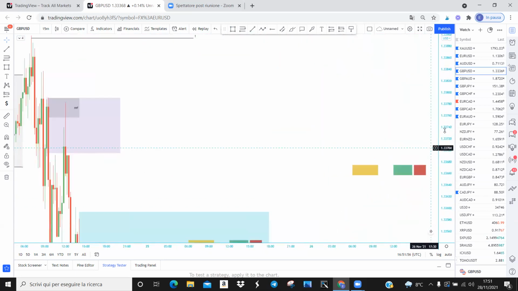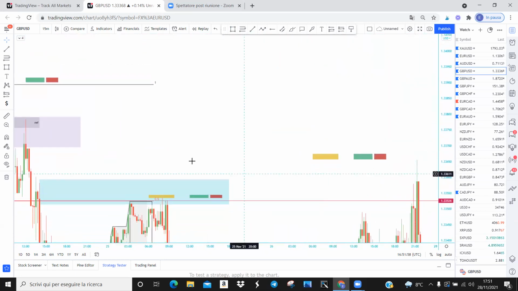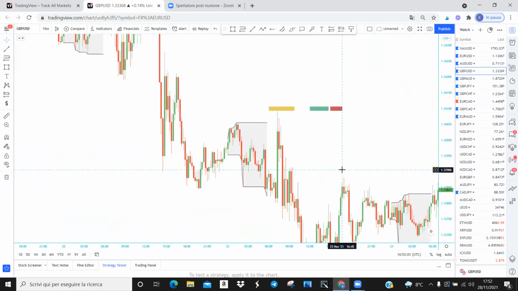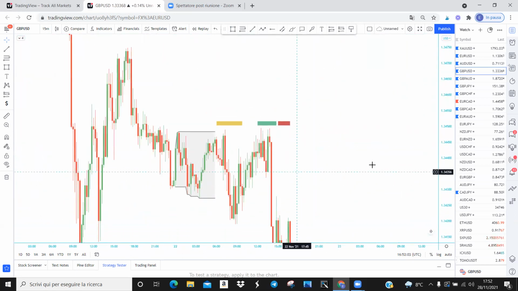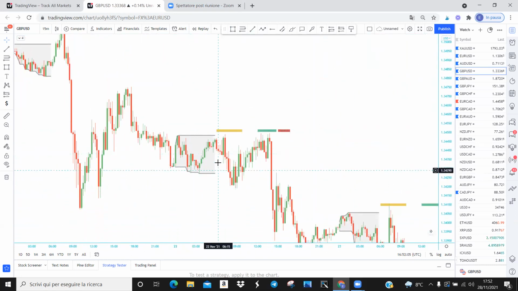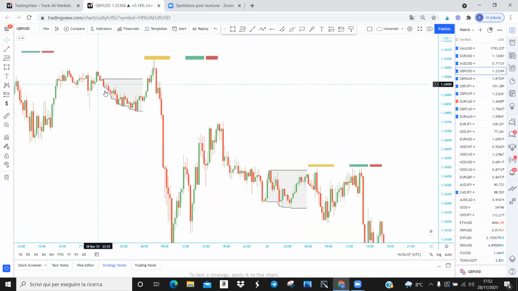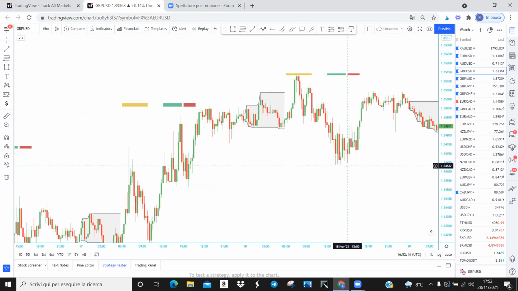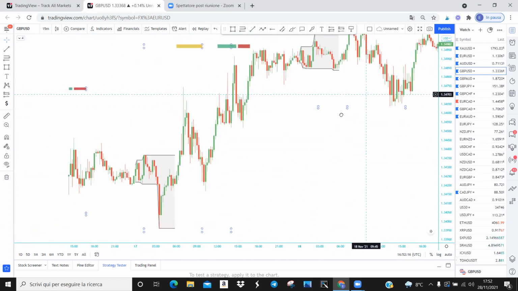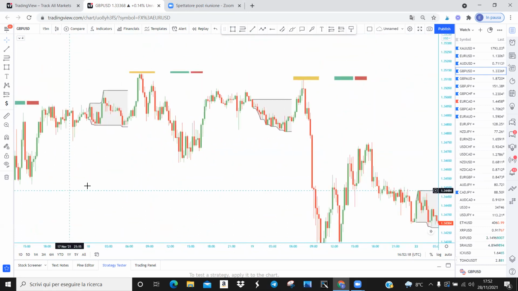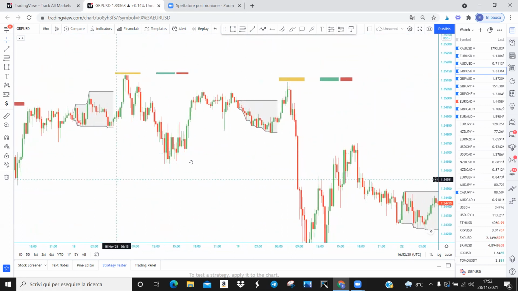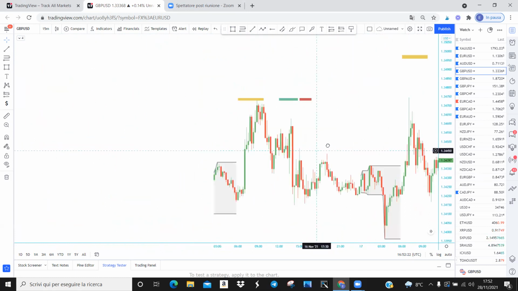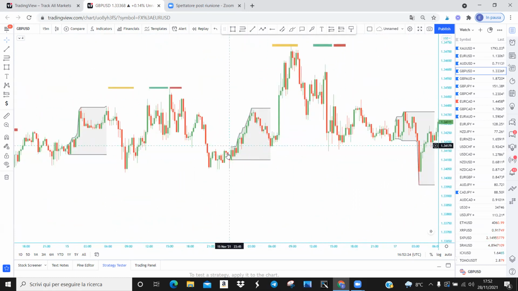Okay, so look for these things, understand how every pair is different. I can tell you right away that GBP pairs move more than other pairs usually, but just look for the shape of the Asian range. So this is fine, this is perfect, this one is perfect, London manipulation for a reversal, perfect. Then what do we have? Here becomes a little bit trending, as you can see.